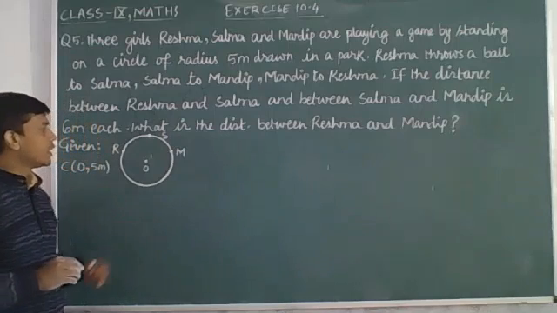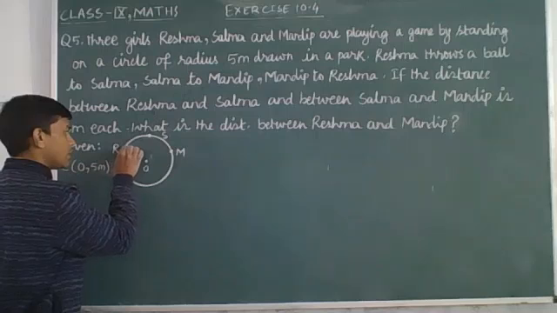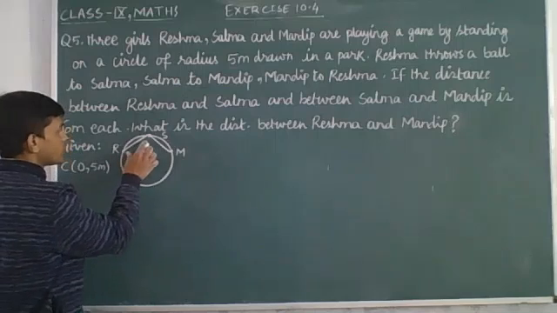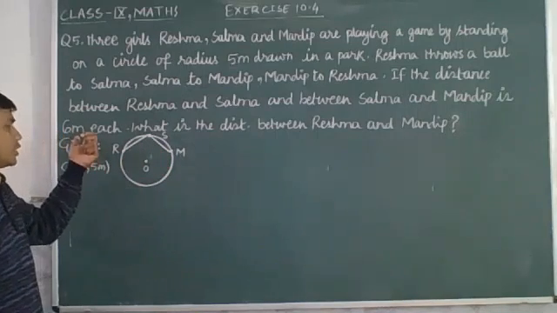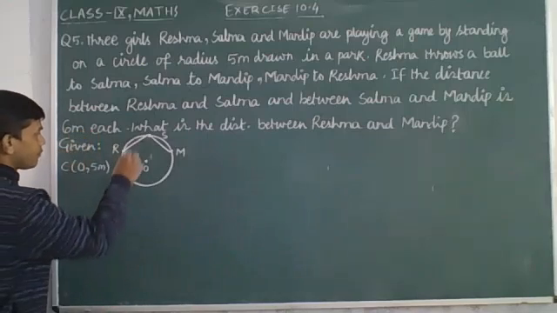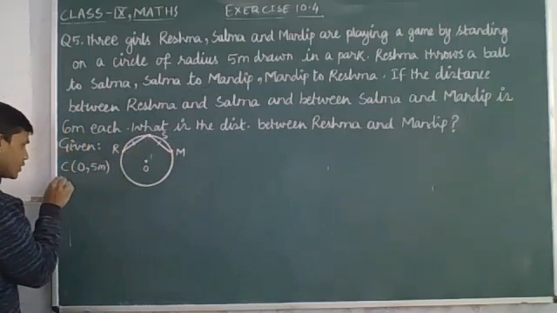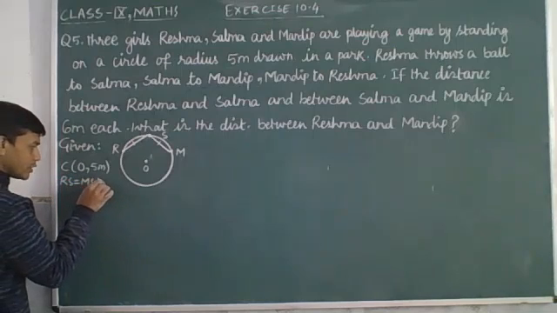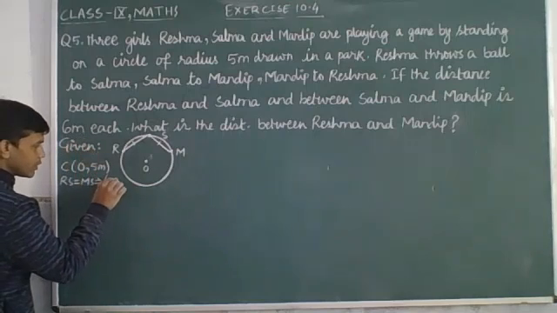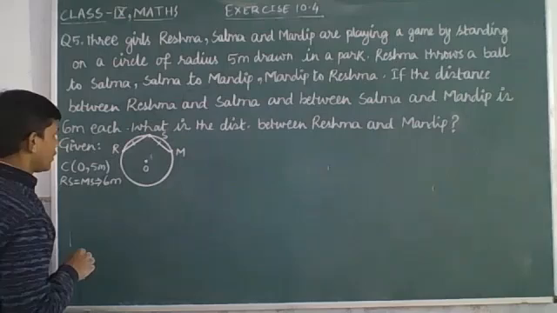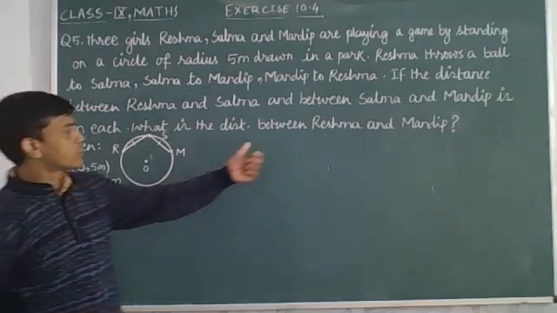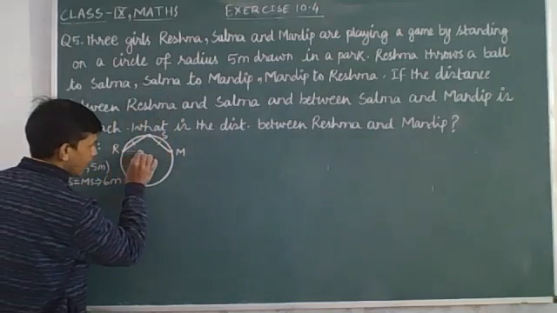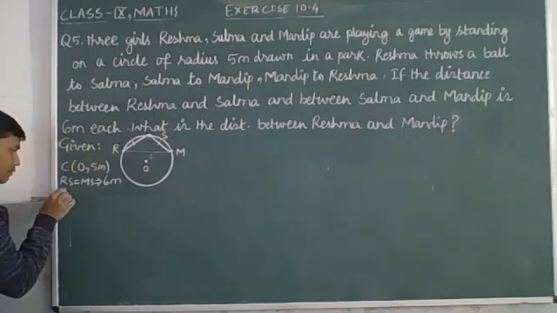Along with this, we are given the distances between Reshma and Salma, and Salma and Mandeep. These distances are equal to each other and each measures 6 meters. So RS is equal to SM as each measures 6 meters. We have to calculate the distance between Reshma and Mandeep, so this distance RM we have to calculate here.